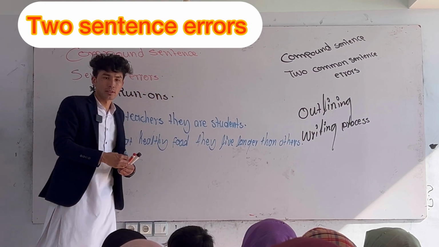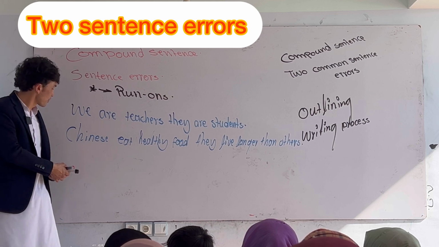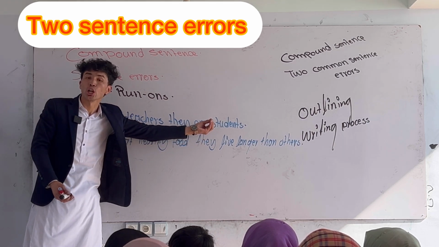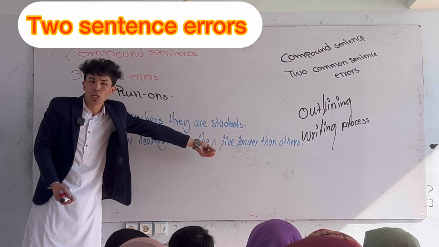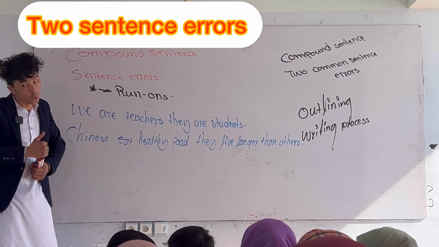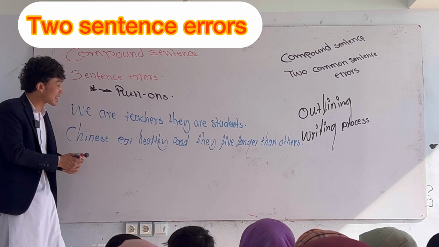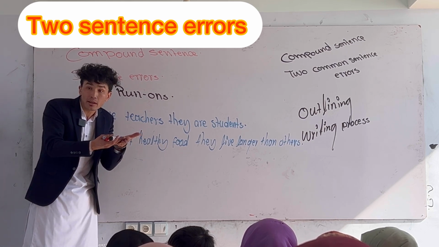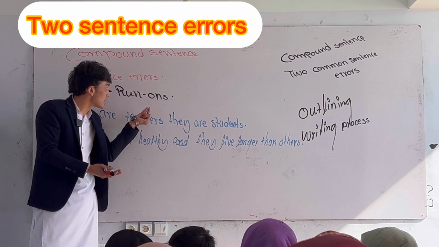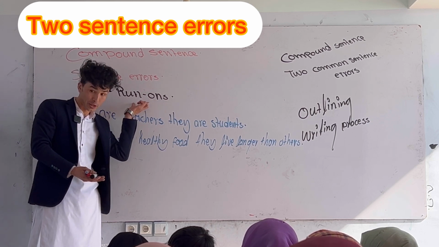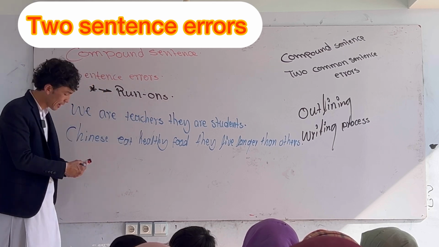So look at this sentence. Chinese eat healthy food. They live longer than others. Do you consider this sentence a correct one? No, because you understand that this is joined incorrectly. This is not grammatically correct. It has an error. And what is the error? Run-ons. You understood? That is okay.